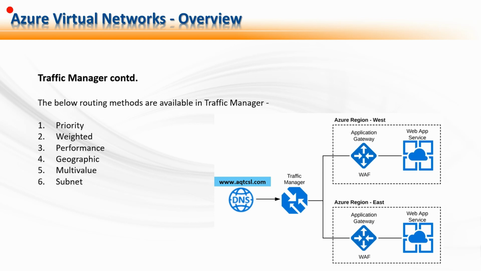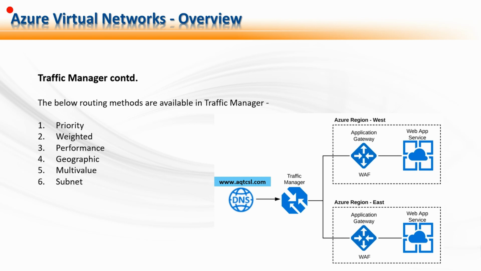We then have weighted, which is selected when we want to distribute the traffic across a set of endpoints depending upon the weight which we have defined. The third one is the performance-based traffic routing method, which is used when we have endpoints in different geographic locations and we want the user to use the closest endpoint and experience the lowest network latency and high performance.